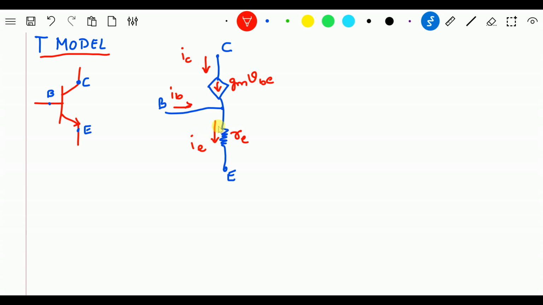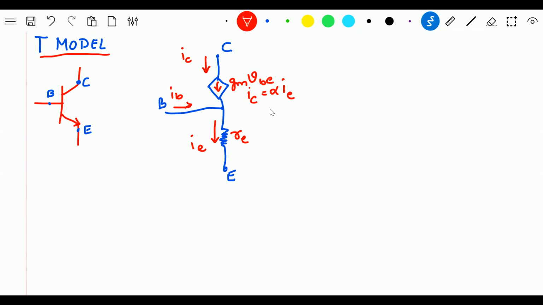Right? So instead of GM into VB, I can also say that IC equals alpha times i. This can also be possible.